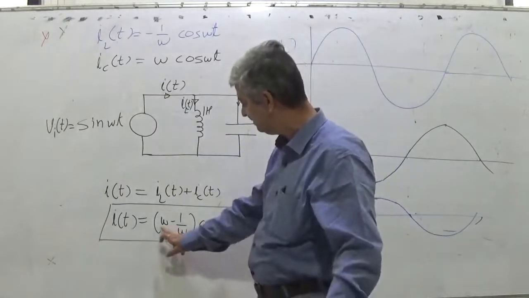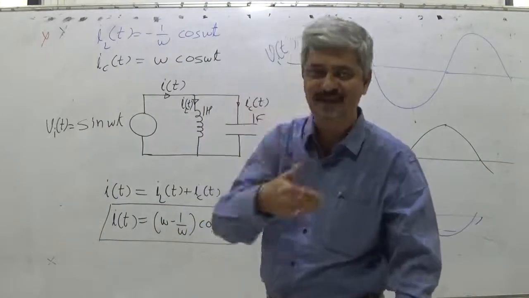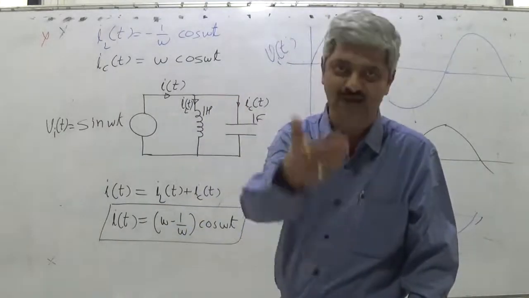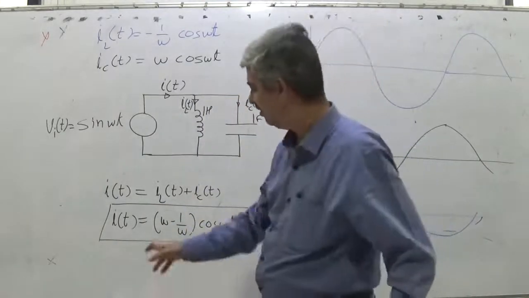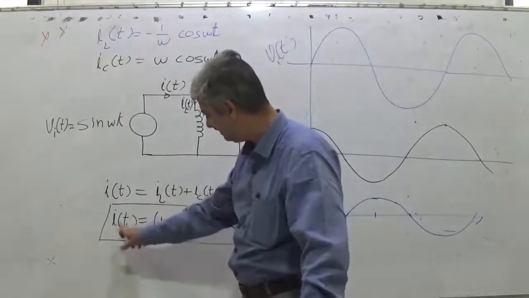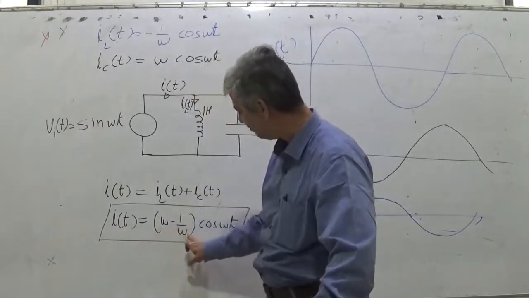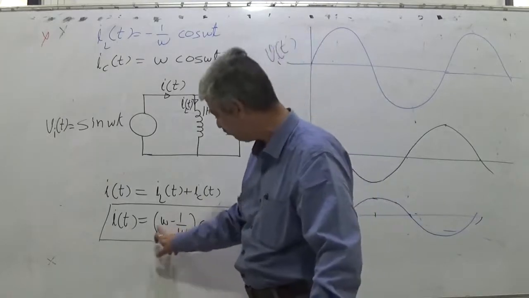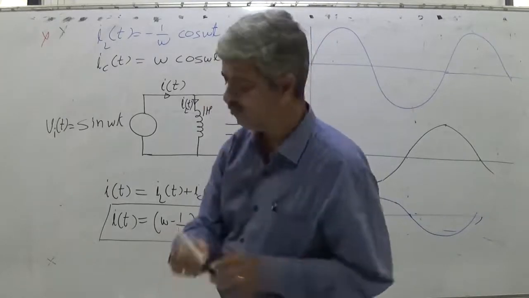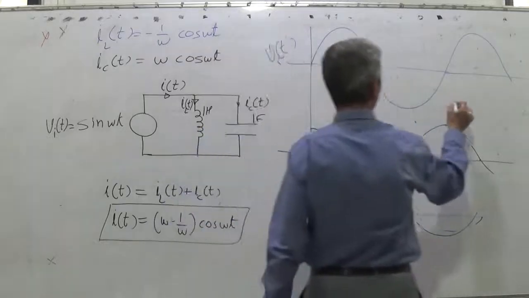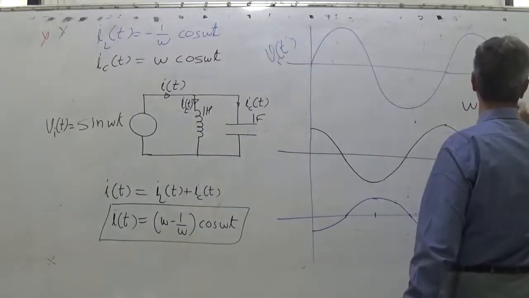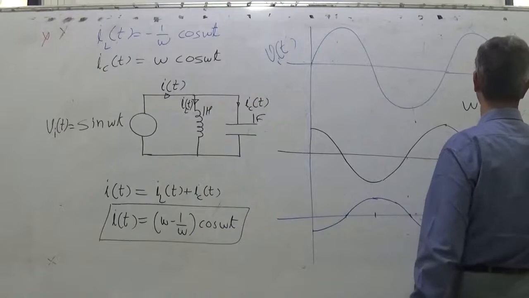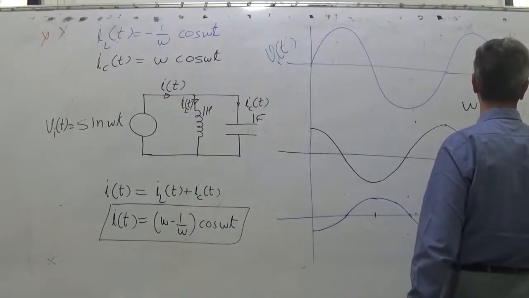Since they are already opposite, when they are equal their sum will be 0. The same I can derive from this: it is omega minus 1 upon omega cos omega t. If omega equals 1 upon omega, that means omega square equal to 1, that is omega is equal to plus minus 1.